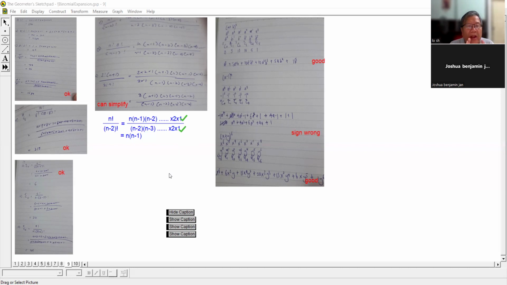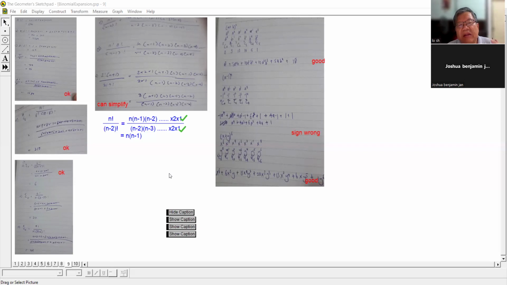This part is correct. Then the bottom one also correct. But if you write out all the terms, the first few terms, you will end up having some of the terms at the top, the numerator, looking the same as the terms at the bottom, the denominator.